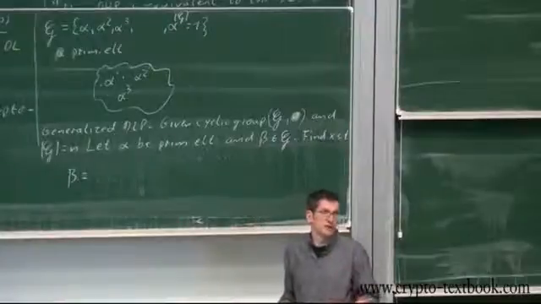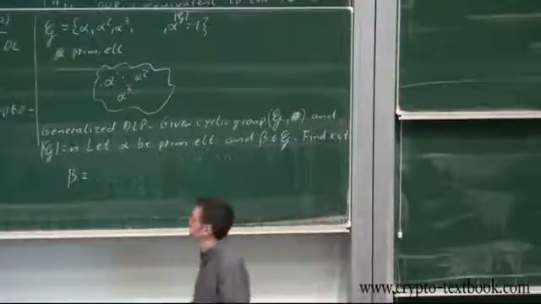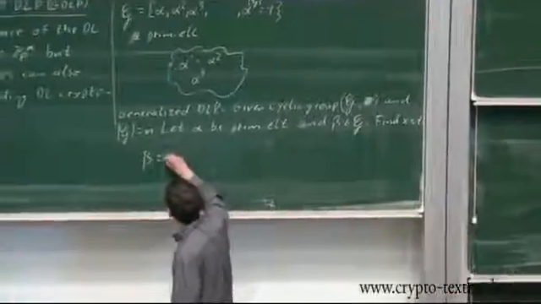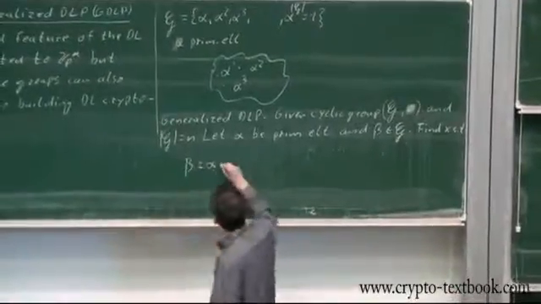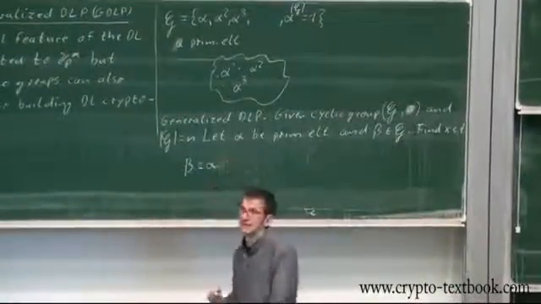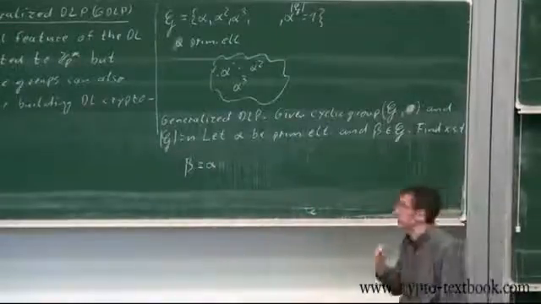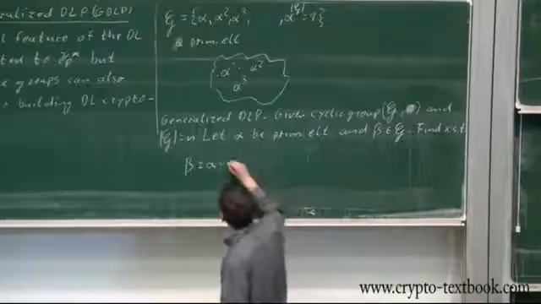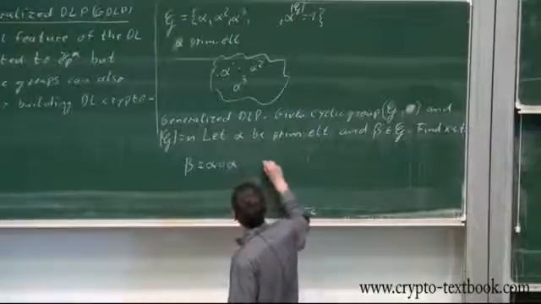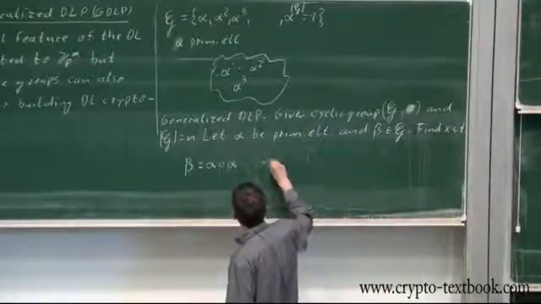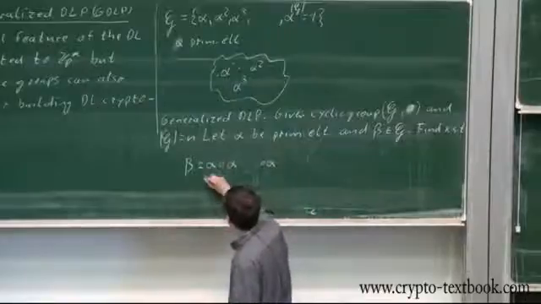Ultimately, we want to compute beta, or beta must be the result of some computation. So what we do, you take alpha, you apply the group operation, and right now it's a little donut. We don't know whether it's additive or multiplicative. Times alpha, and so on, times alpha.